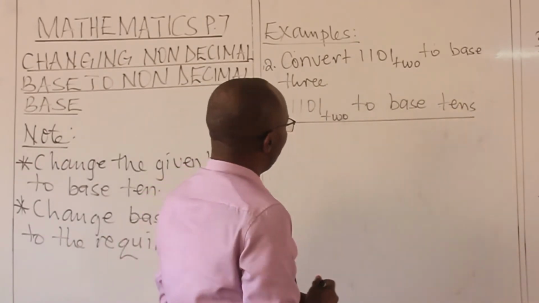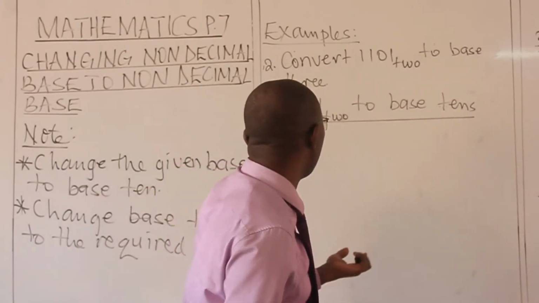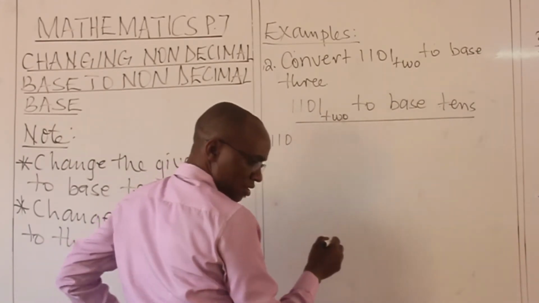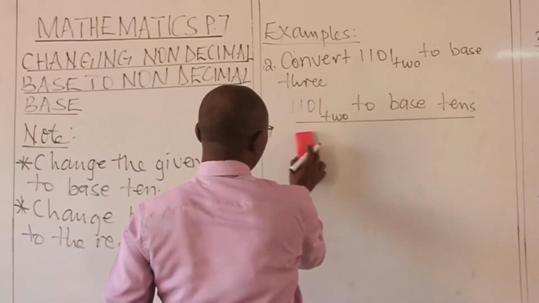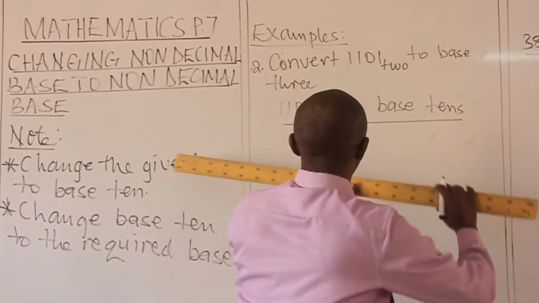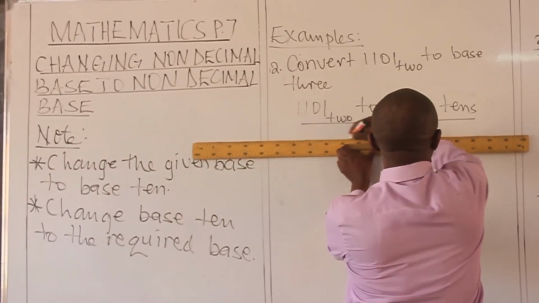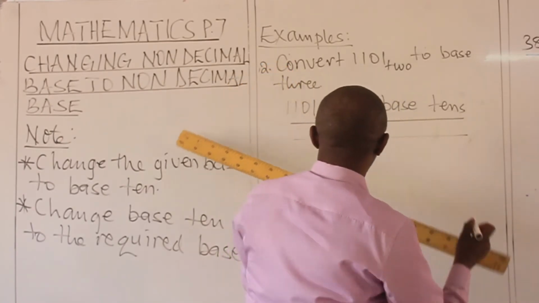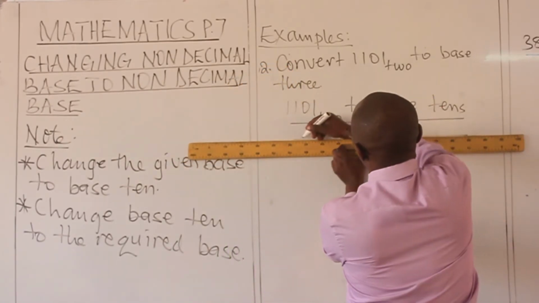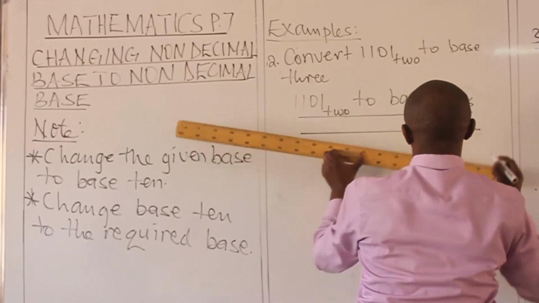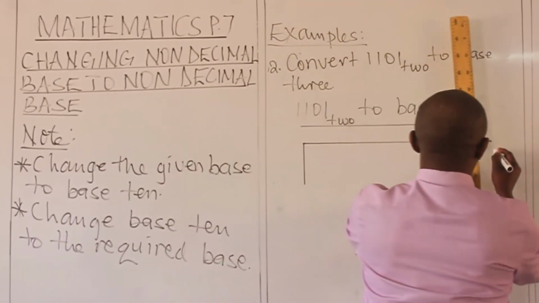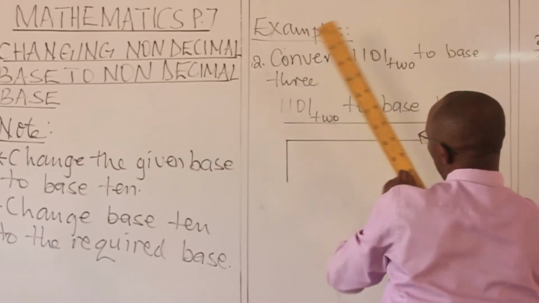So now we change. Remember I said we change by expanding. If I draw a table, let's draw a table. And why do we draw a table?